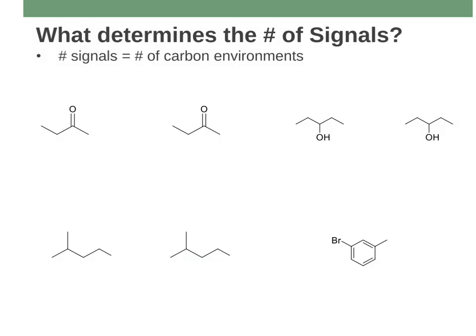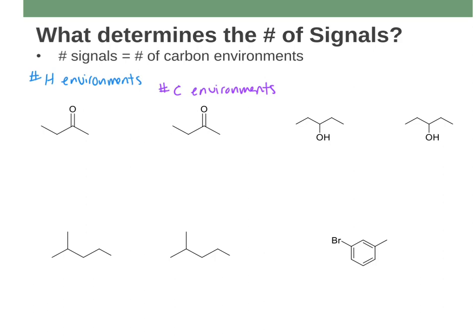So if I take a look at these, the number of signals equaling the number of carbon environments, I have some of these molecules written up here twice because I really want to emphasize the difference between the number of proton environments versus the number of carbon environments, because they're not always the same.